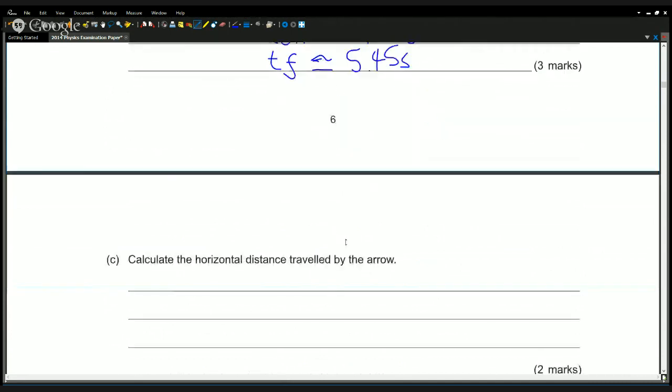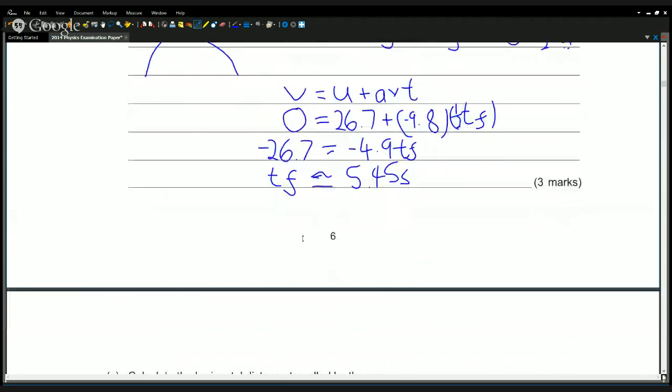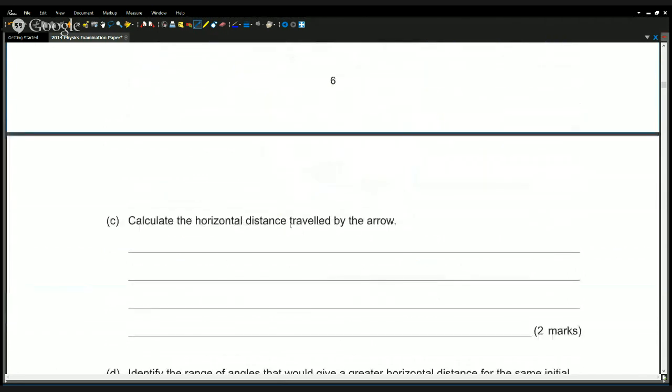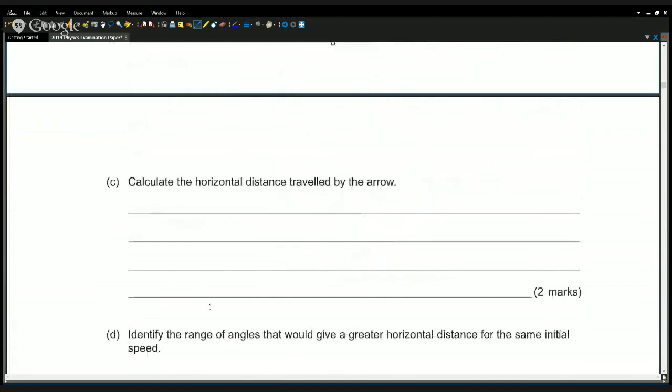You did this correctly. You would have lost the mark here somewhere for getting this wrong if you got it wrong. But if you took your answer in time of flight and used it here, and you used it correctly, even though you had the wrong time of flight and you got a different answer, you've done this part correct. So just a point to note for that.